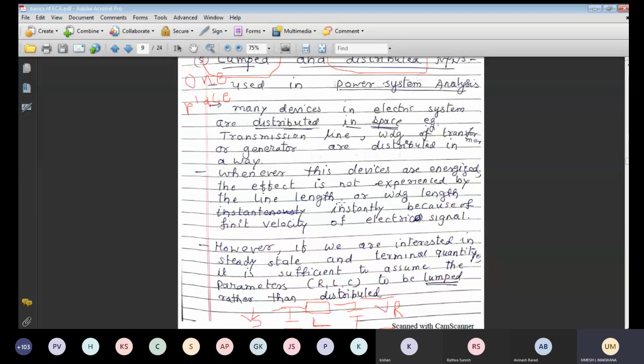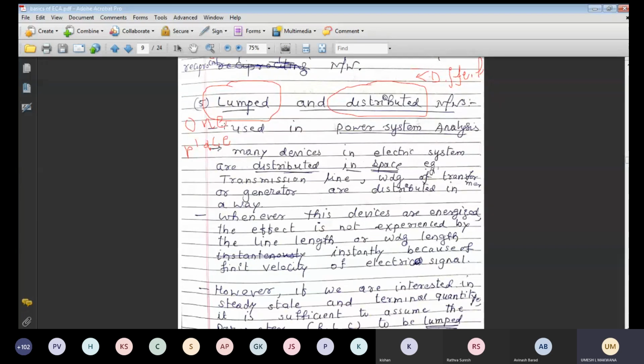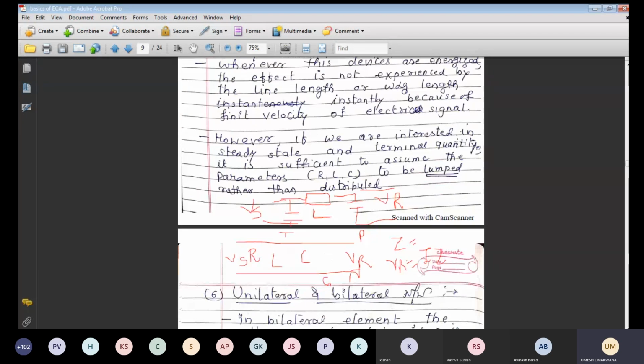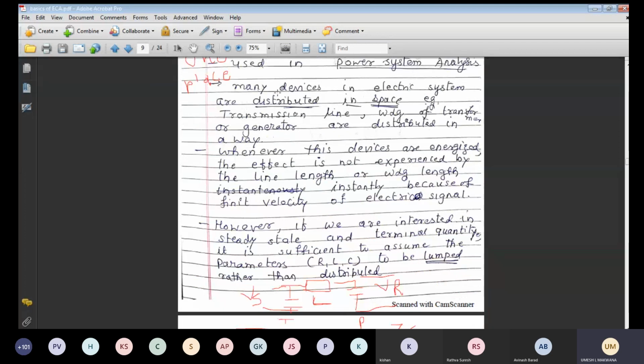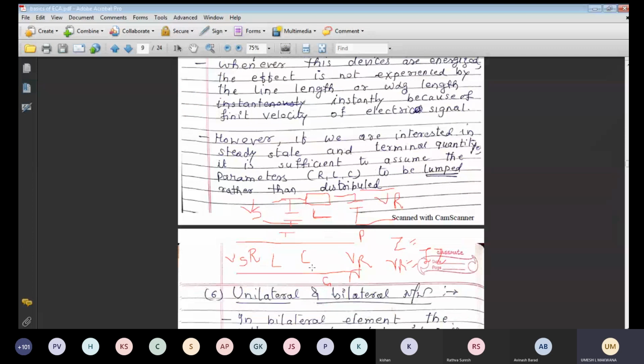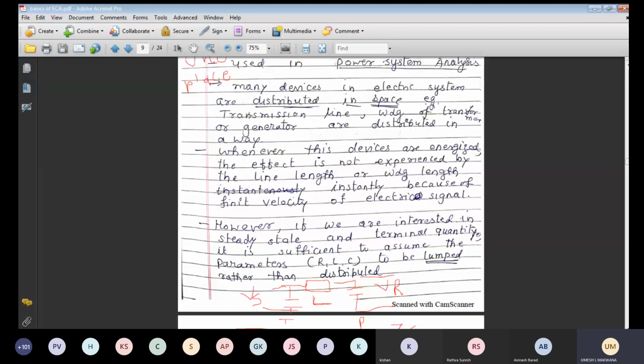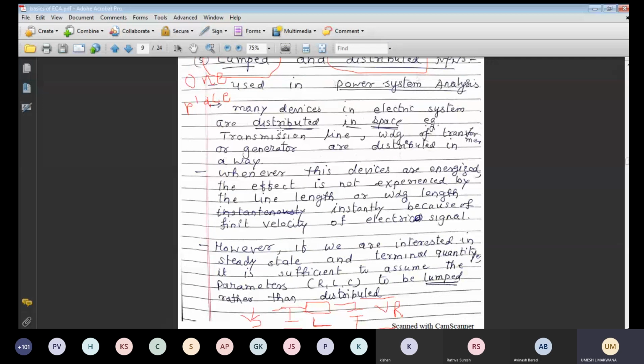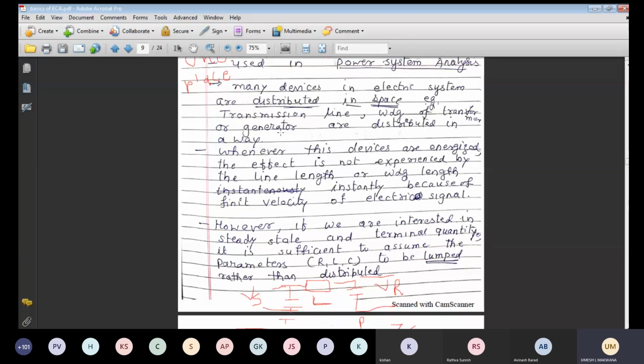Now I am just reading this sentence. This lumped and distributed network is used in power system analysis, which I already explained. Many devices in the electrical system are distributed in space like this, right? Transmission lines, windings of transformers, and generators are distributed in a similar manner.